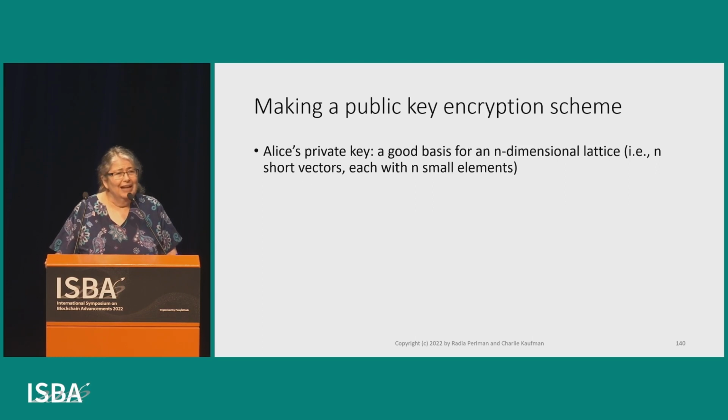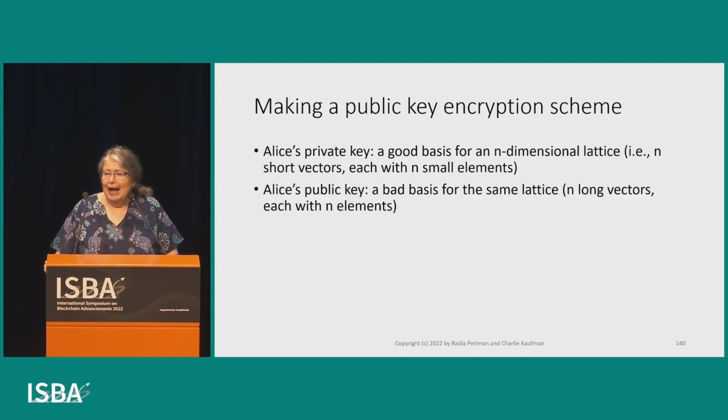She can turn that into a bad basis by taking her good basis vectors and multiplying and adding them in various ways, to get an equivalent basis for the same lattice, but with long numbers. So Alice's public key will be a bad basis for her lattice, and her private key will be a good basis for her lattice. People okay here?